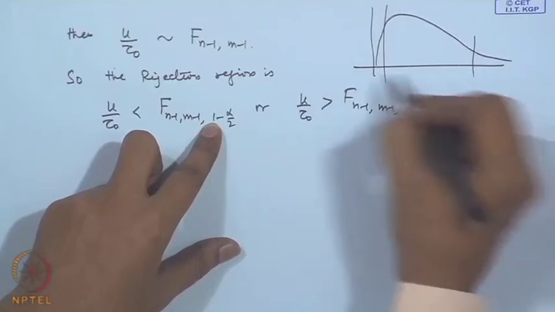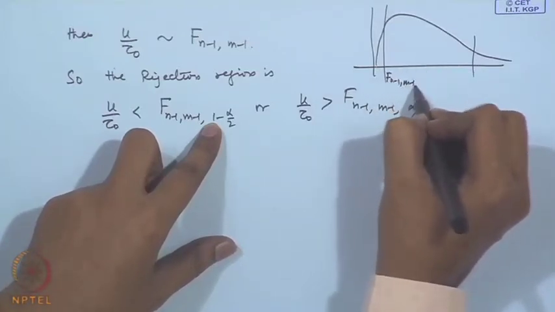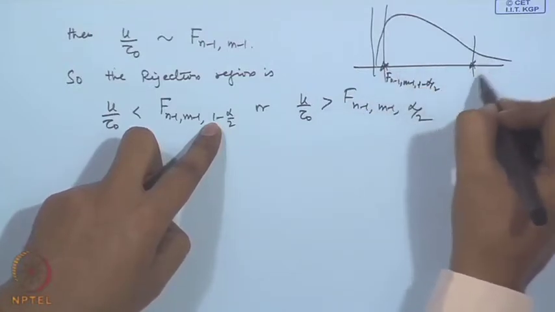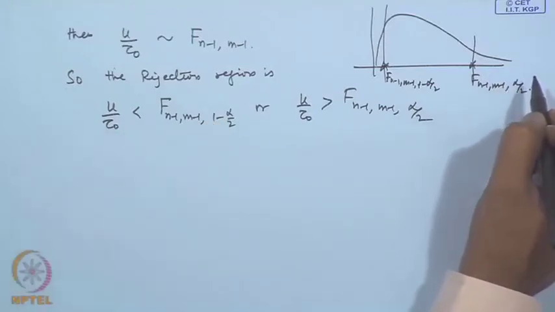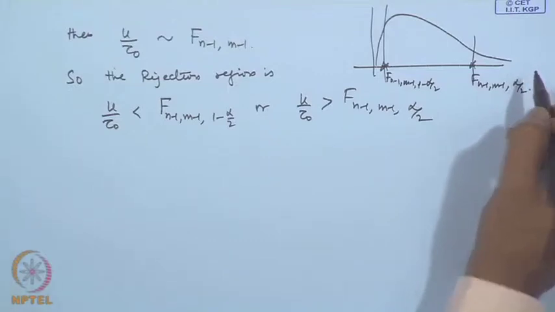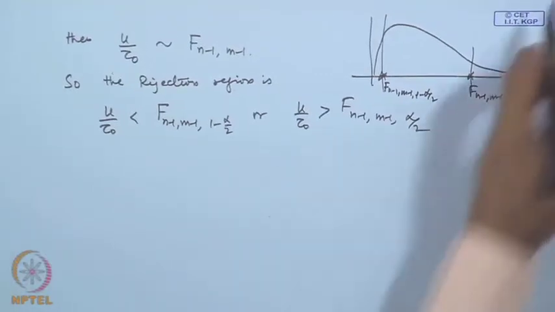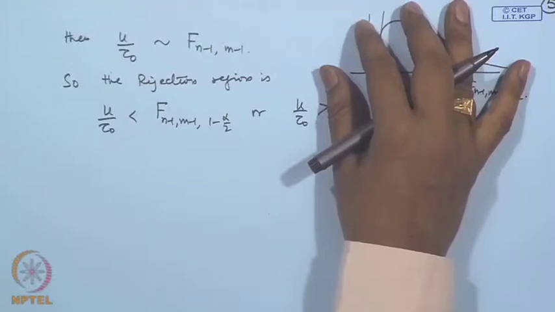So, the points may be at different places. So, this is F n minus 1, m minus 1, 1 minus alpha by 2 point, and this point will be F n minus 1, m minus 1, alpha by 2. So, this is the likelihood ratio test for the equality of the variances, and you can note here that this test is the same as the UMP unbiased test which I derived for this situation.